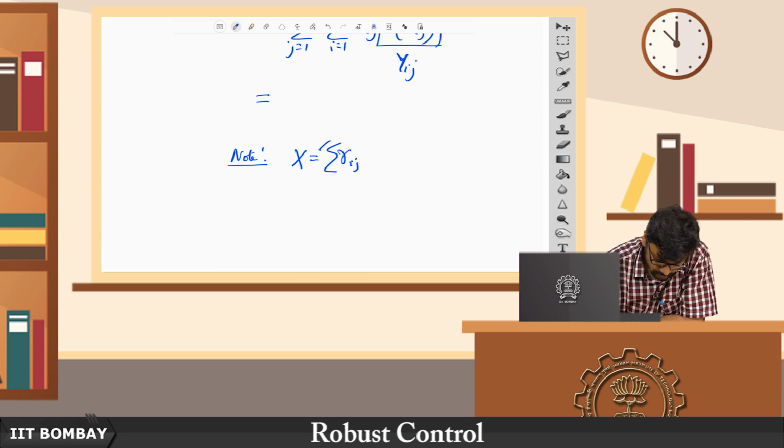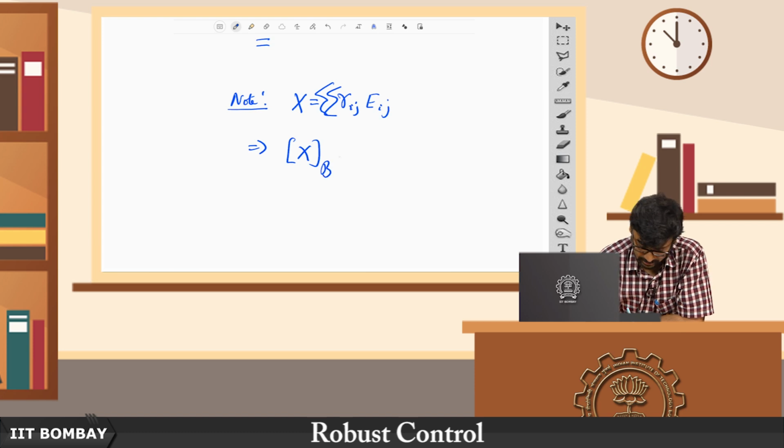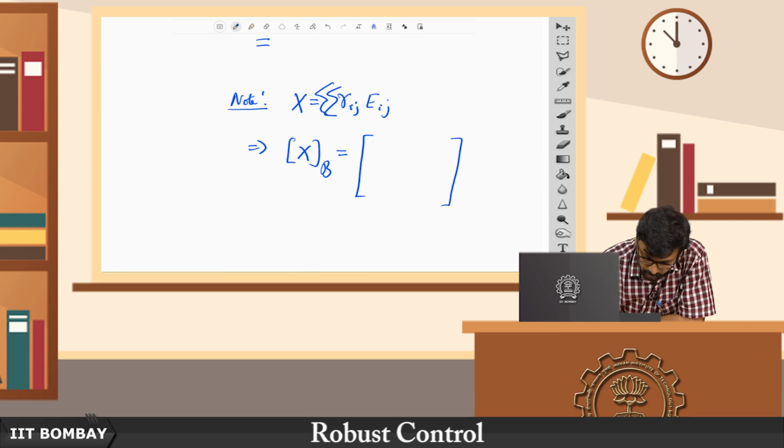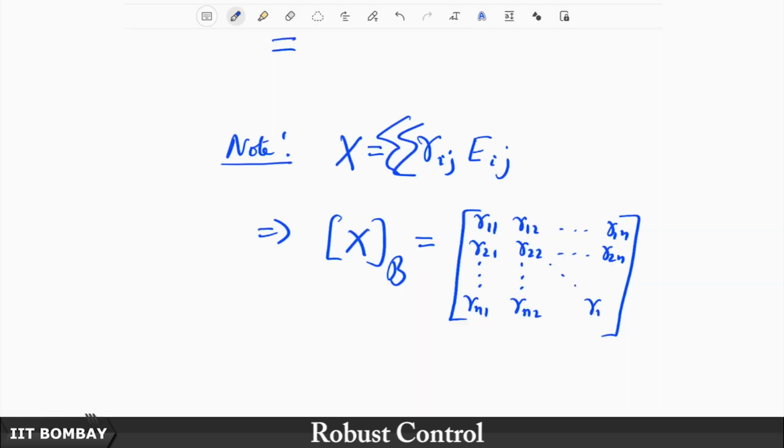It is a double summation really, of gamma ij times Eij, which basically then means that in the compact notation, if I am now writing this in terms of this basis as an n by n matrix, I would write this as gamma 1 1, gamma 1 2 dot dot dot till gamma 1 n, gamma 2 1, gamma 2 2 dot dot dot till gamma 2 n, dot dot dot till gamma n 1, gamma n 2 till gamma n n.